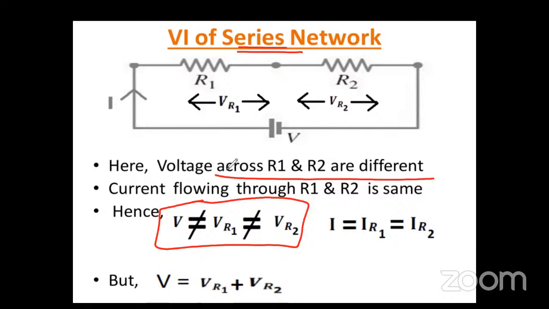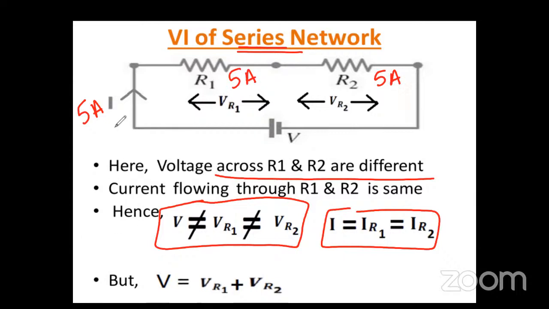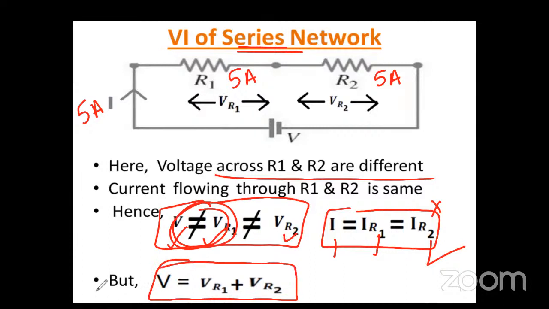Series, then only, and the current are same. मतलब अगर total current is 5 ampere, then current flowing through resistor 1 is also 5 ampere and current flowing through resistor 2 is also 5 ampere. तो इन तीनों में से एक भी value मुझे पता है ना, तो I can find the others. मुझे IR2 पता है, then I can find IR1 and I, because all three are same. तो कोई एक भी value पता होगा तो no need to take any tension of the other value. हाँ, voltage में at least 2 values पता होनी चाहिए, then only we can find the third value by using this formula, ठीक है?